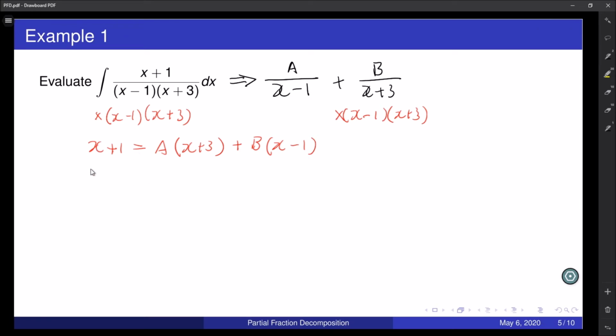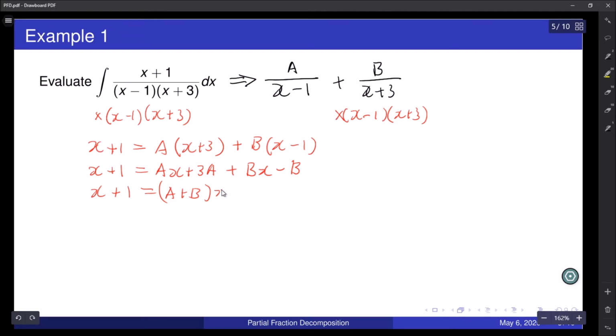So let's say x plus 1 equals, we're going to expand them first: ax plus 3a plus bx minus b. So we gather the like terms: a plus b times x, plus 3a minus b. We gather all the like terms together, x terms and constant terms, and now we can match the coefficients.